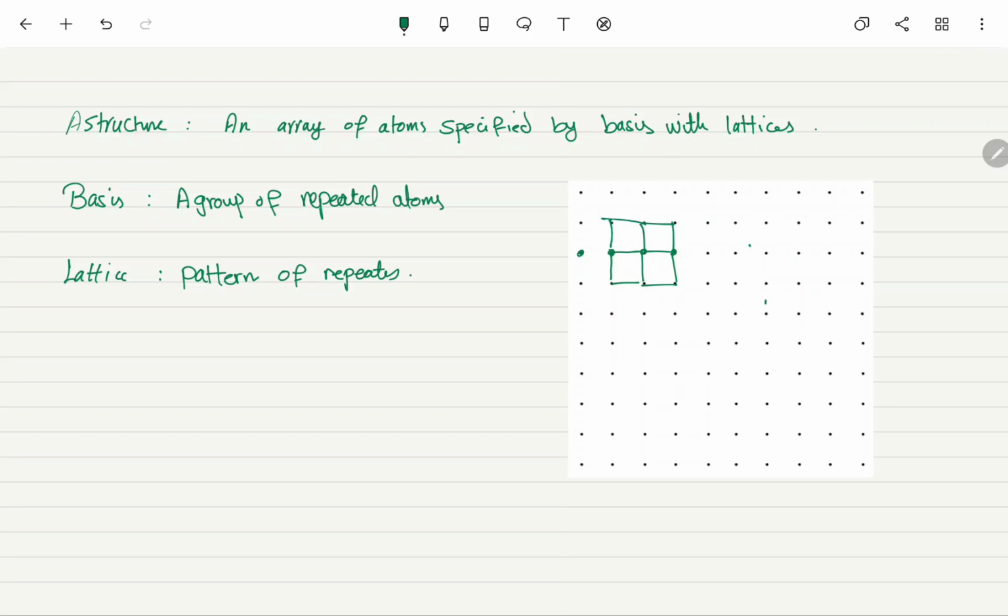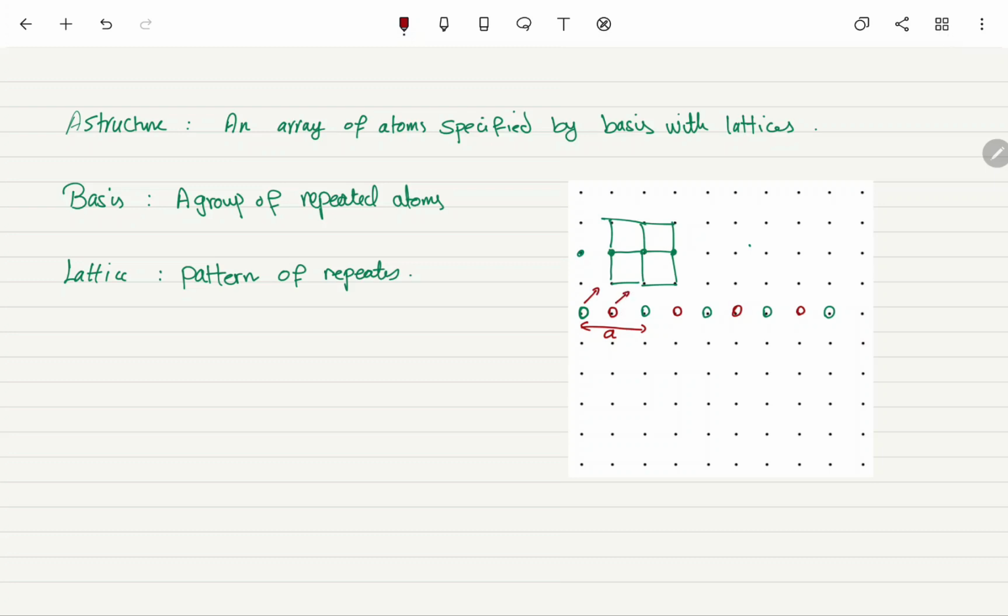Assuming that we have a one-dimensional system, a linear chain for instance, with two bases. For instance, one here, the green one, and the red ones. In this case, the structure is repeated every, like this one here. Now the bases in this case, we have two bases, the green one and the red one.